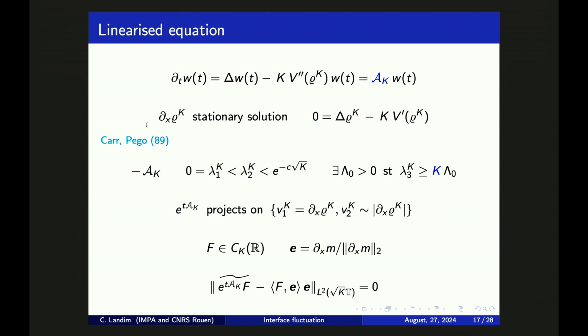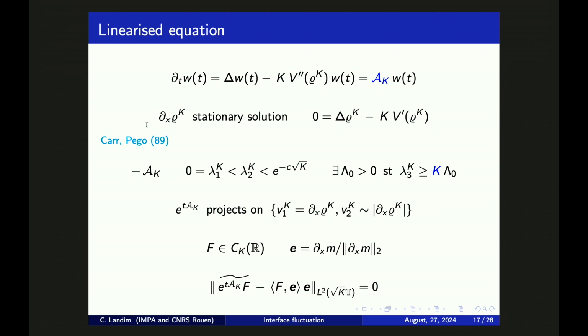But what they prove, and this is more important, is that there exists a constant such that, uniformly in k, all these eigenvalues are bounded below by k times a strictly positive constant. So they are very large. You have two very small eigenvalues, and all the other ones are very large, which means that if you take the semigroup associated to this operator, it will project on these first two eigenfunctions, and the other ones will go to 0.